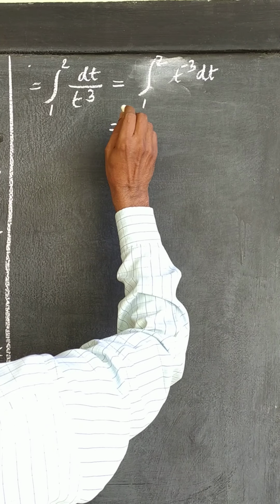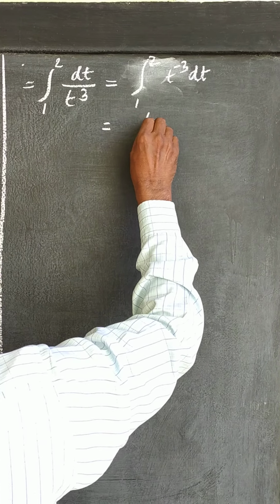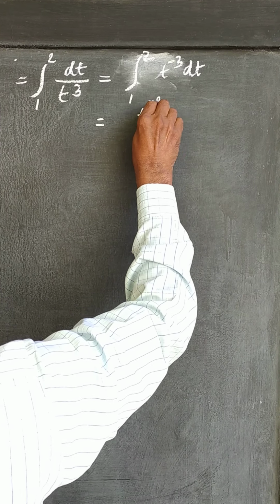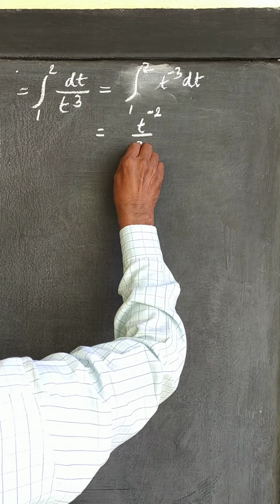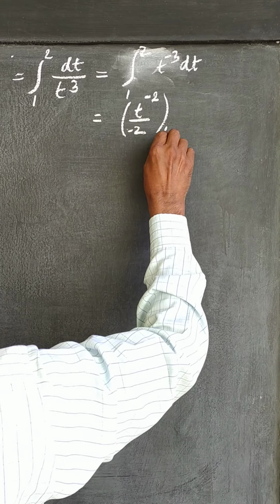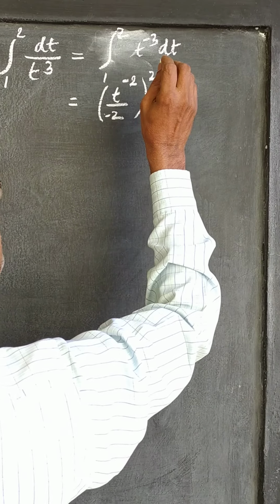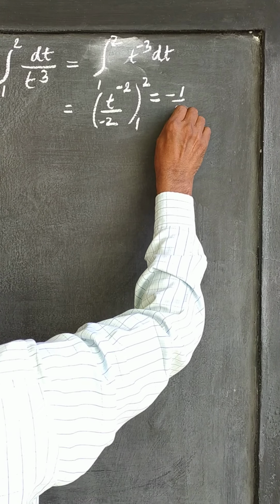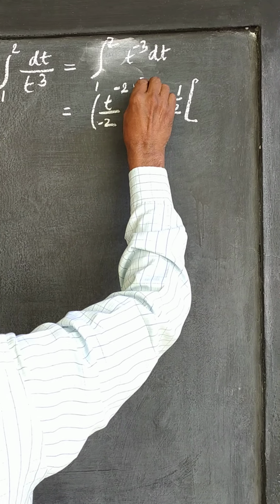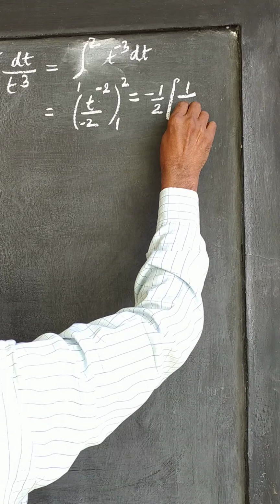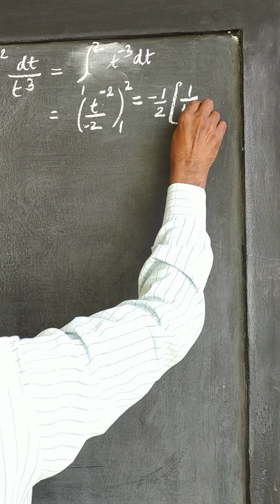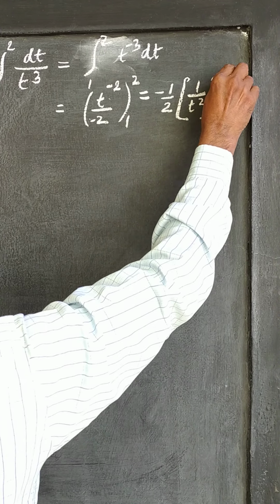On integration, this becomes t power minus 2 by minus 2, from 1 to 2. This is equal to minus 1 by 2 into 1 by t square, from 1 to 2.